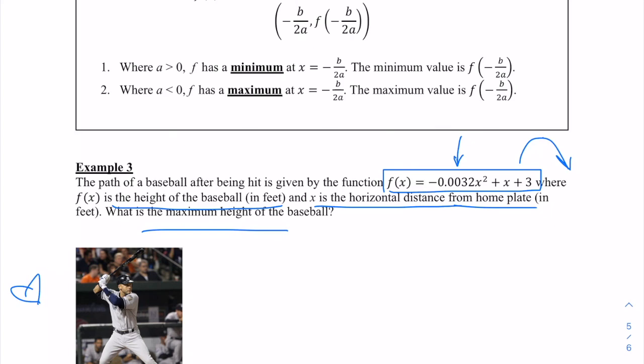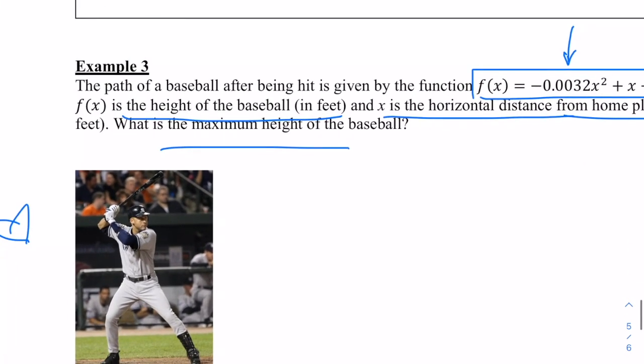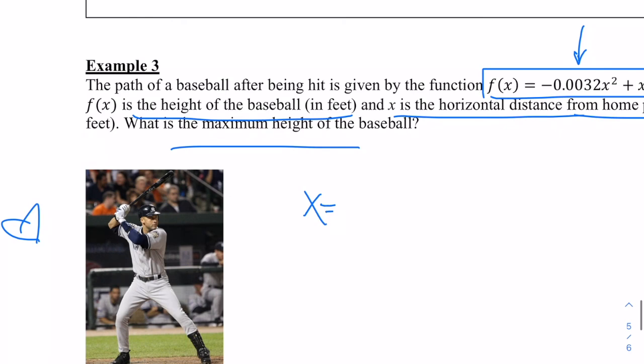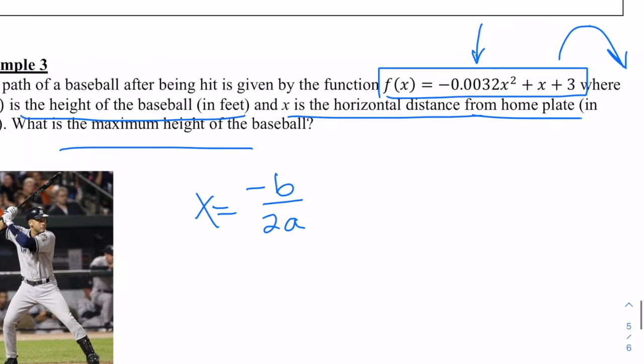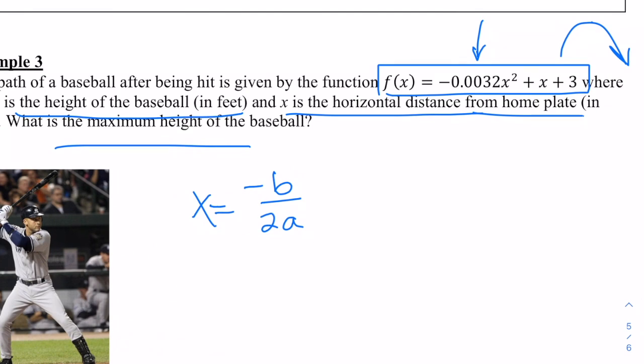And to find that maximum height, we're going to use x equals negative b over 2a. So in this equation, the b is 1, and the a is negative 0.0032. So we'll have negative 1 over 2 times negative 0.0032.